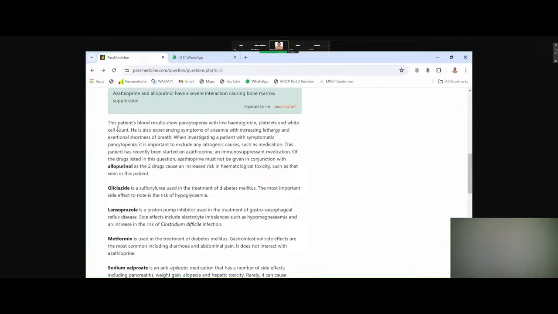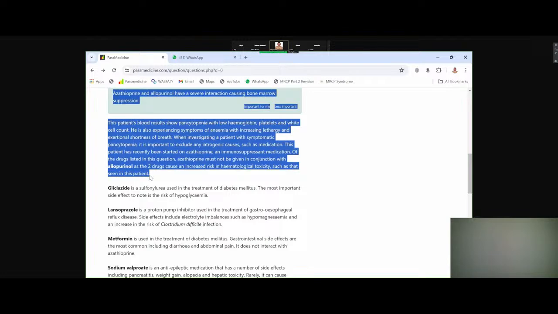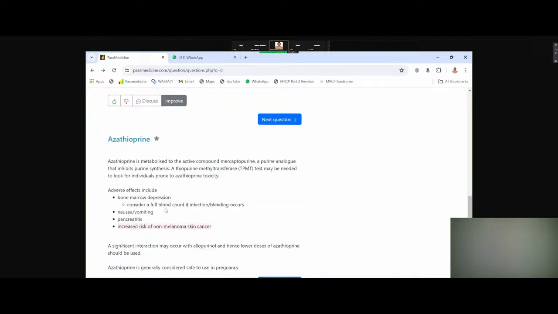This patient's blood results show pancytopenia: low hemoglobin, platelets and white cell count. He was experiencing symptoms of anemia with increased lethargy and exertional dyspnea. Investigating a patient with symptomatic pancytopenia should include looking for any iatrogenic causes such as this one. Okay, I will copy paste the important parts.